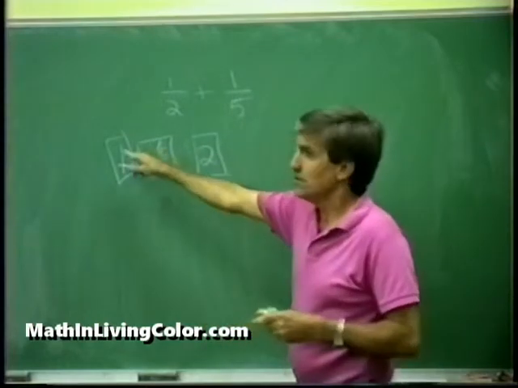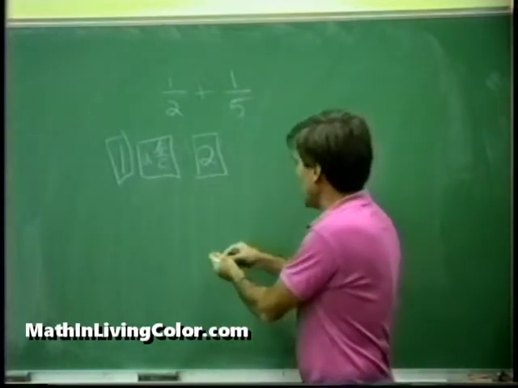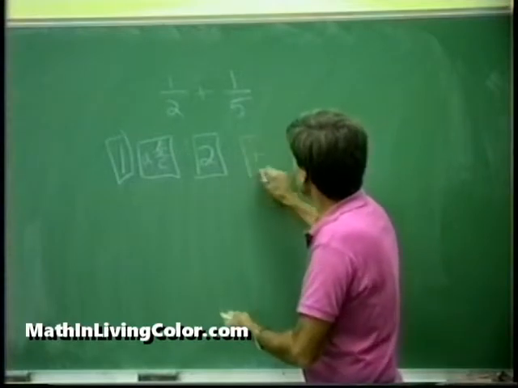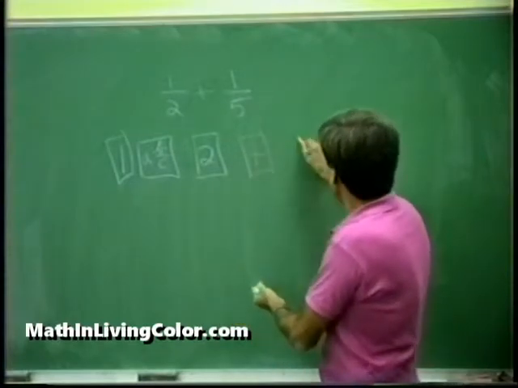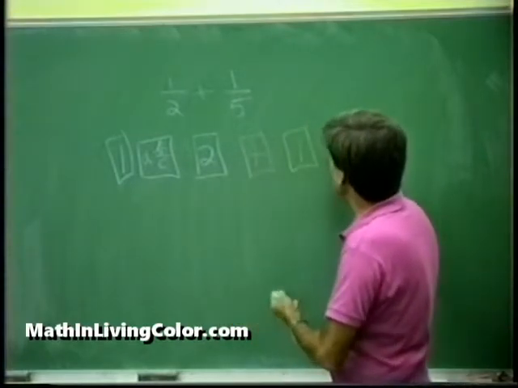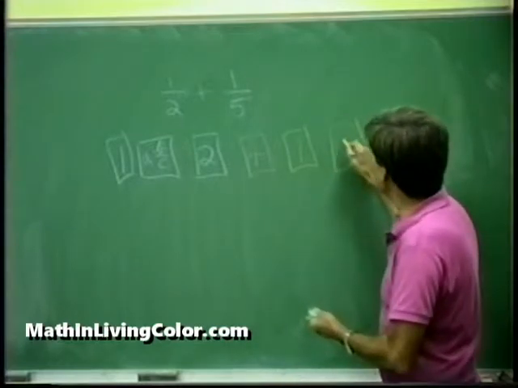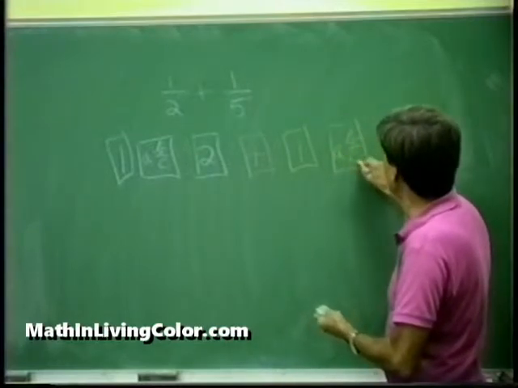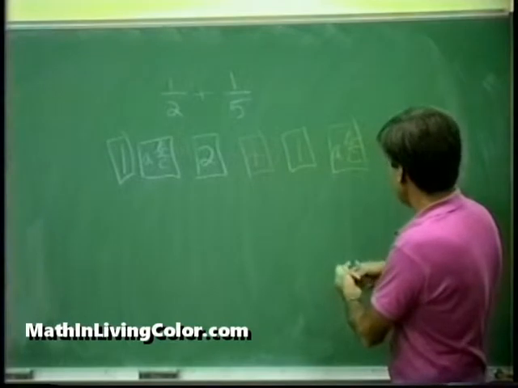Okay? And then do plus, then take 1, and then the A to the B over C button, and then 5. Okay?